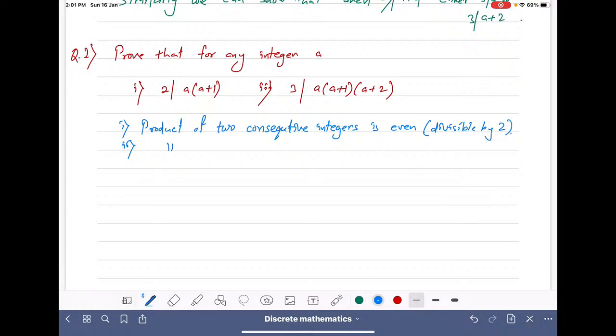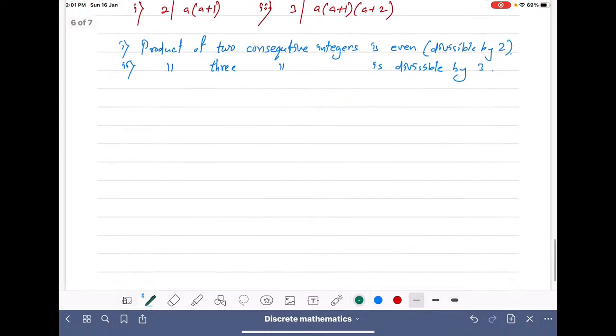Product of three consecutive integers is divisible by 3. You can generalize this statement. Product of four consecutive numbers is always divisible by 4, and like that. But these two statements are true. Now, how to prove this one? The first bit is rather easy, then the second bit.